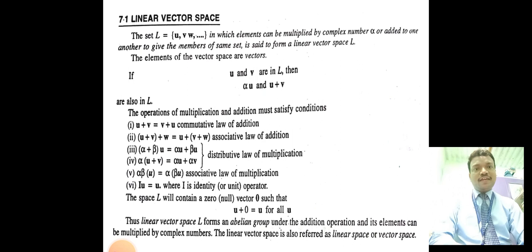The linear vector space is represented by the capital letter L. The elements of the vector space are called vectors.